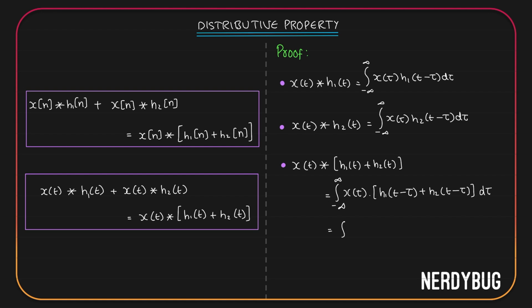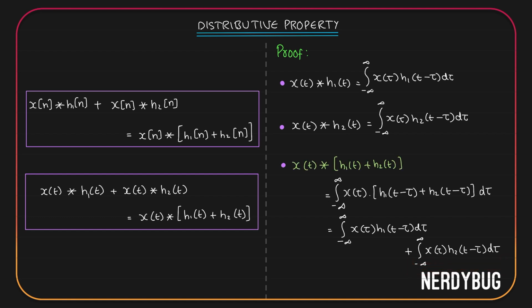That is, this can be written as the integral from minus infinity to infinity of x(τ) h1(t minus τ) dτ plus the integral from minus infinity to infinity of x(τ) h2(t minus τ) dτ. Now the first term is the convolution of x(t) with h1(t) and the second term is the convolution of x(t) with h2(t).